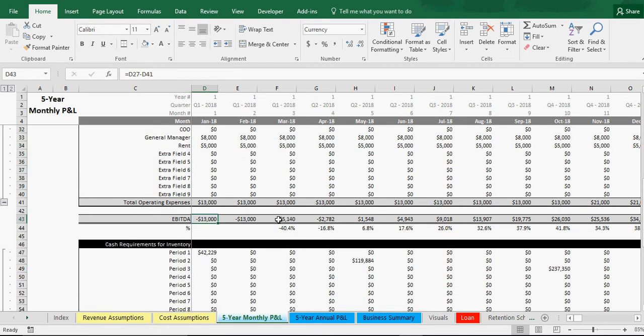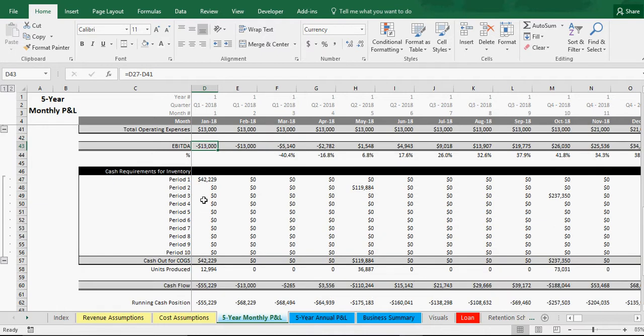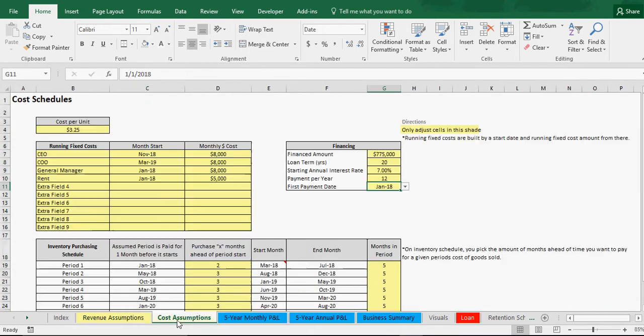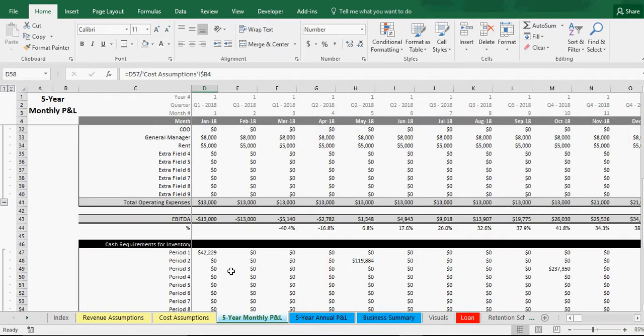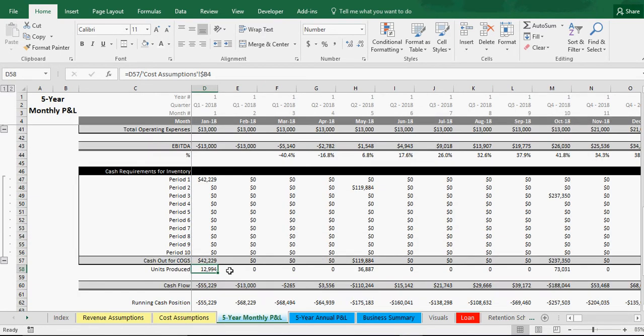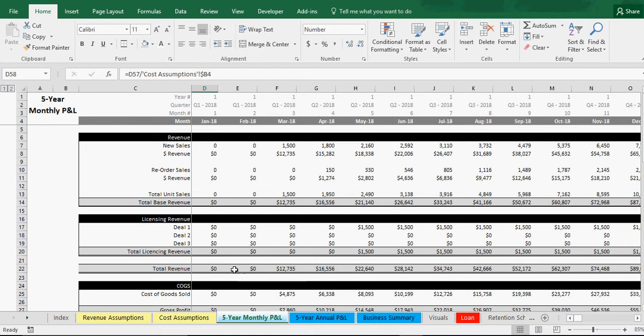Now after EBITDA, we want to figure out the timing of the cash flows. So here's the cash requirements for inventory. This is saying, you know, January we're going to buy 12,994 units, which should be the units we're going to sell from March of 18 to July of 18. So March to July of 18 should be 12,994. Let's check that.